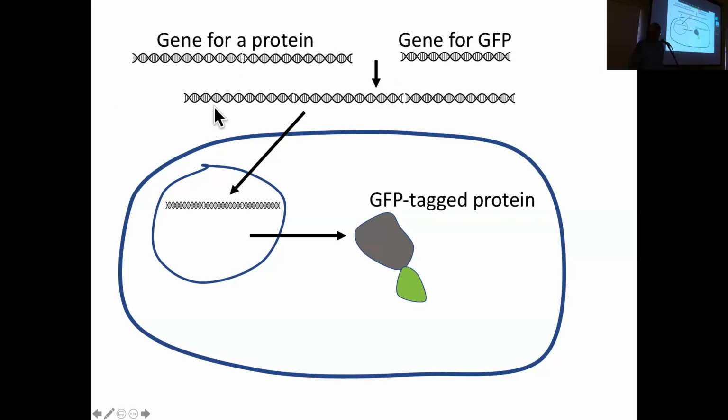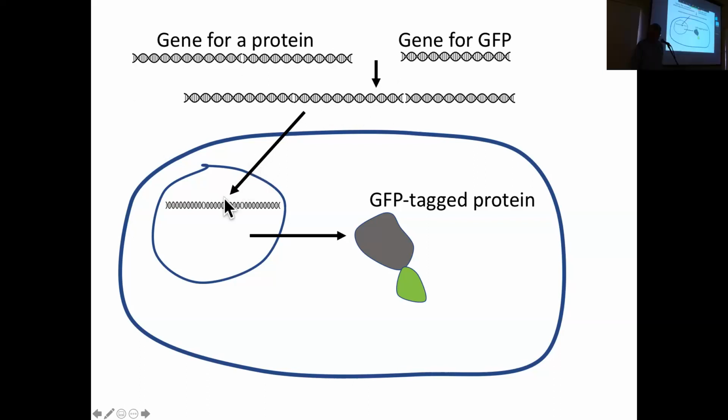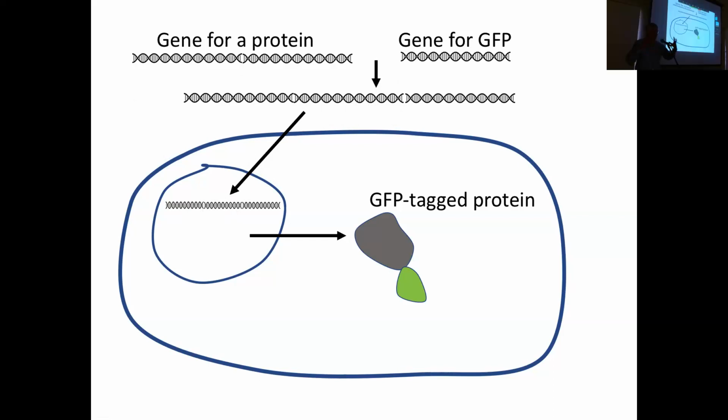And so at a low efficiency, but that's the way it works, your fused gene will now go into the cell. It'll go into the nucleus. The nucleus will see this as a fragment of DNA and think, there's been breakage here, and it'll incorporate into the rest of the DNA that's in that cell. And it will be treated like all the other genes and turned on and off at the appropriate time.